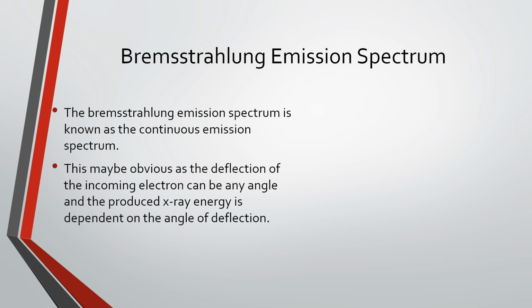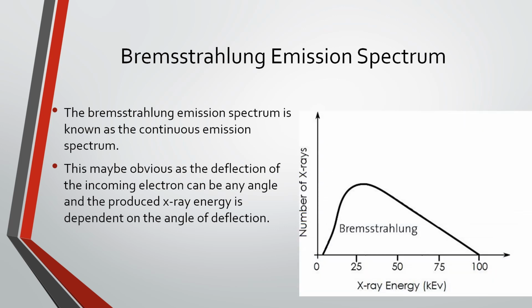This may be obvious, as the deflection of the incoming electron can be any angle, and the produced X-ray energy is dependent on the angle of deflection. So it can be any angle, and it's going to produce X-rays of all different energy levels up until the maximum energy of the exposure.